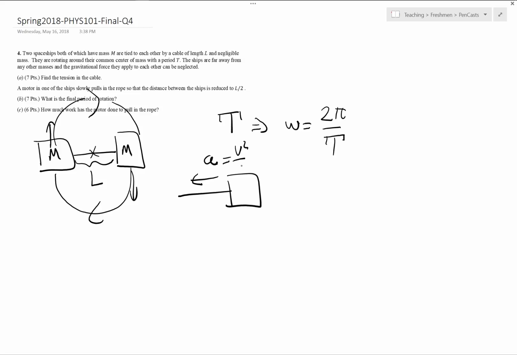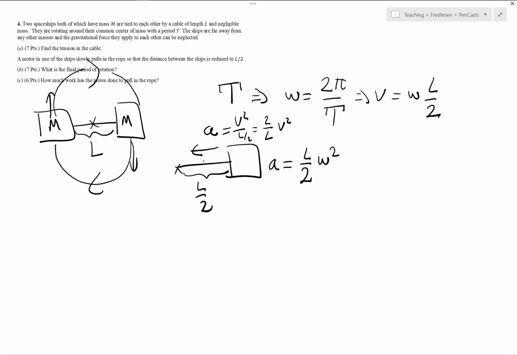This will be v squared over r, but r is L over 2, so it's 2 over L times v squared. But v is omega times L over 2, so the acceleration is L over 2 omega squared.